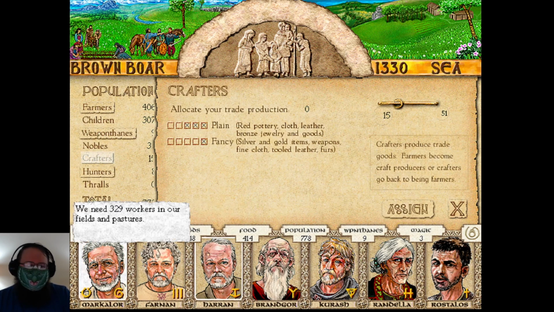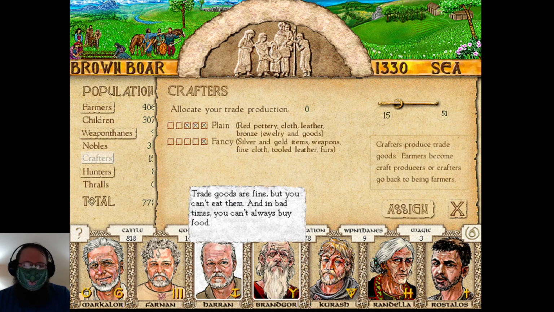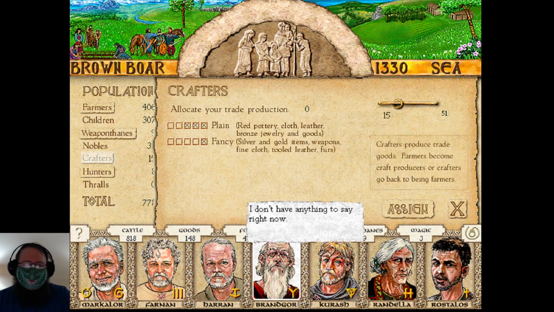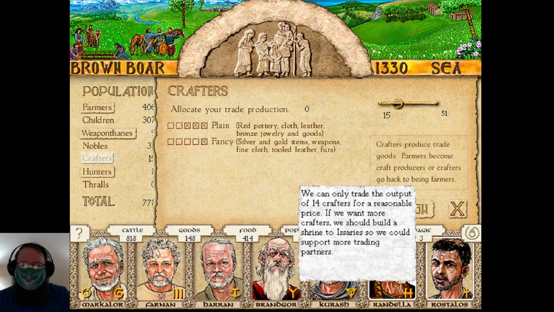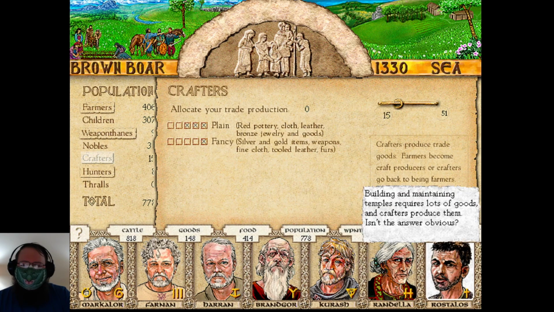Okay. In our fields and pastures, so we can't go. Trade goods are fine, but you can't eat them. I don't have anything to say. As a tribe, we would be able to produce a wider assortment. We can only trade the output of 14 crafters for a reasonable price. If we want more, yeah, just ignore that. Building and maintaining temples require a lot of goods, and crafters produce them.